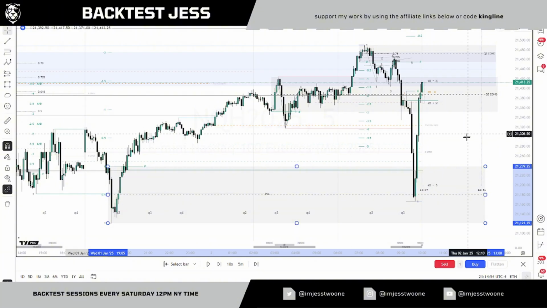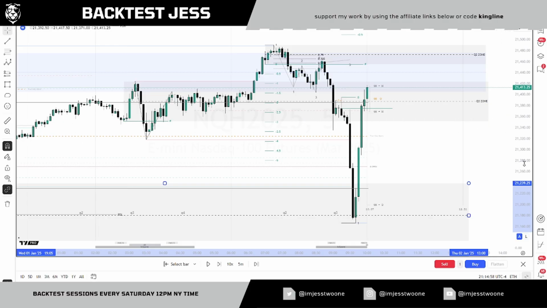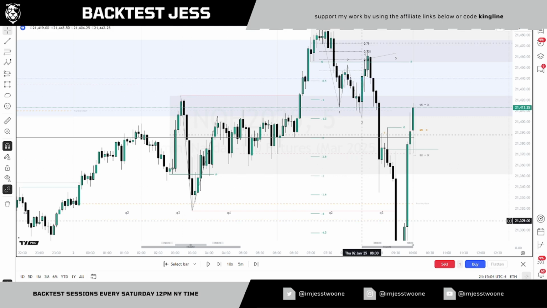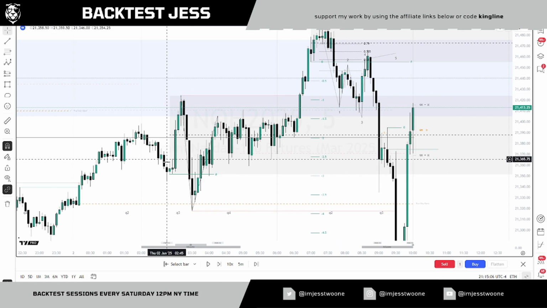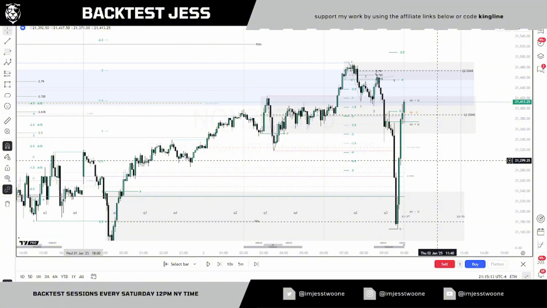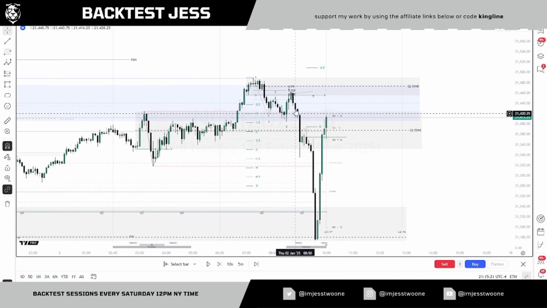Okay, you thought you saw the body on the last Q3? No, this is the wick. Wick to wick. Well, there's no Q3 here. So if you're talking about this, this is also wick to wick.